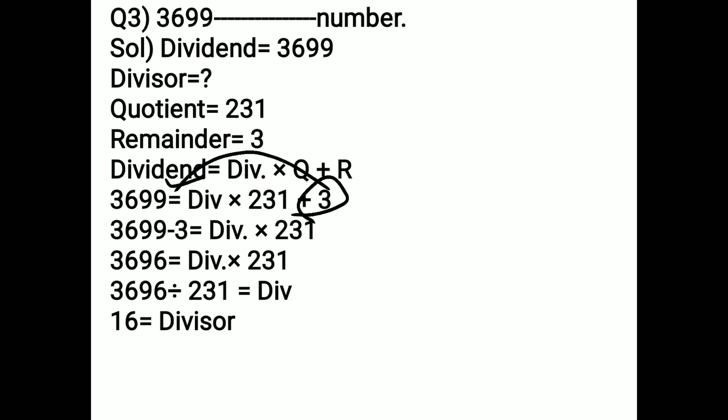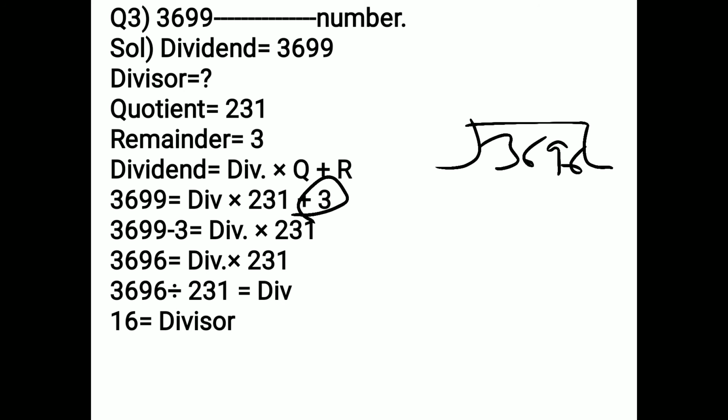So 3699 minus 3, the answer will come 3696 is equal to divisor into 231. Now I send this 231 to the left. When I send it to the left, this multiply sign will convert into a divide sign. Now 3696 you have to divide by 231. Clear?